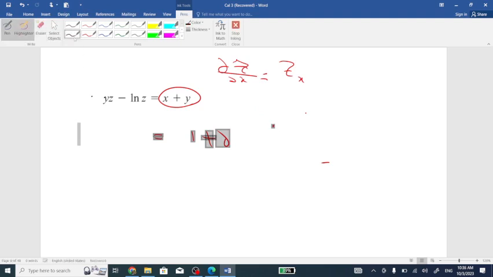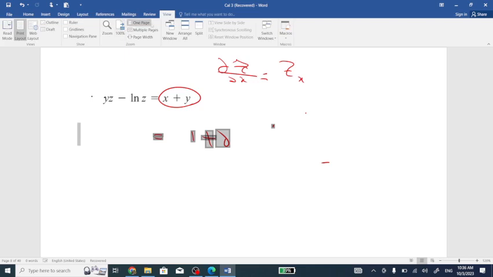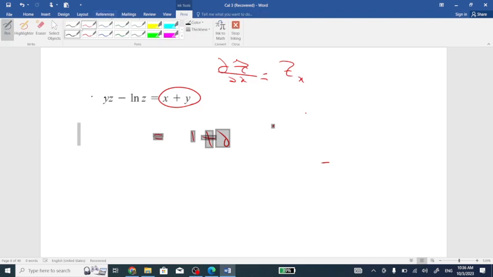Okay. Now we are going to talk about the right side. So I got 1 plus 0. Because I have implicit here, y is a number because I'm talking about x.